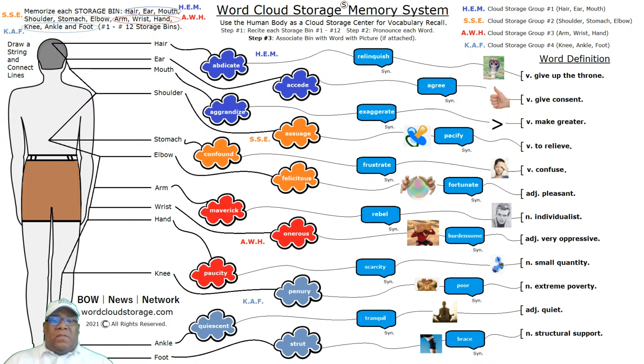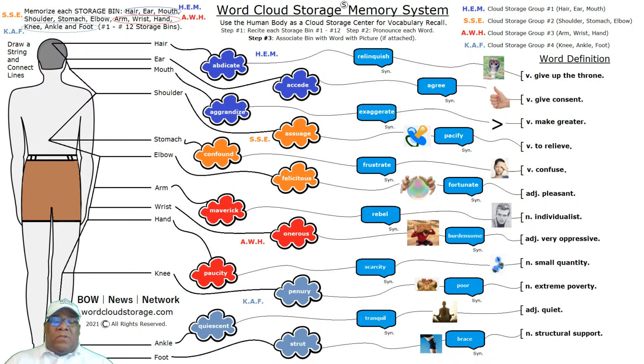As you can see, abdicate worked out really well because the hood of the king cobra is often associated with the top of the head, and in this case it gives up the throne. So that is a perfect way for you to remember abdicate: relinquish, king cobra, give up the throne.